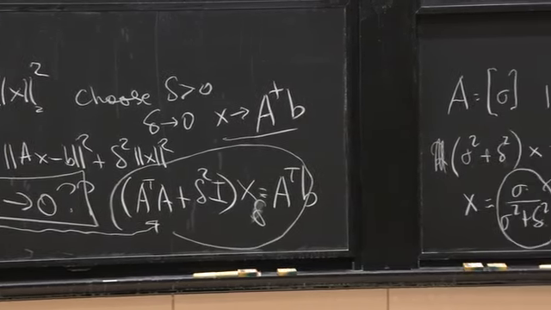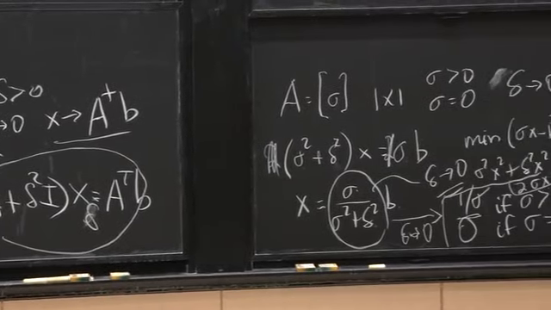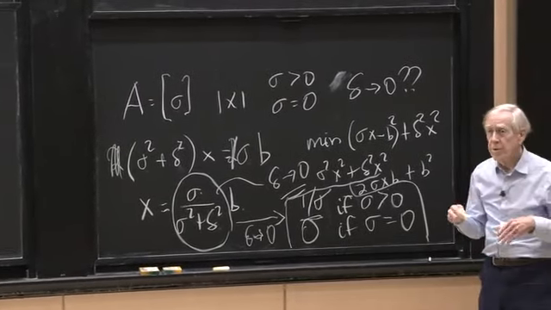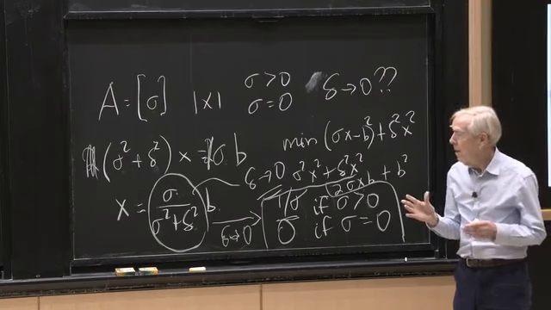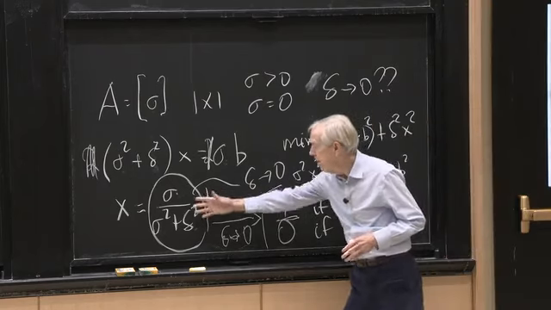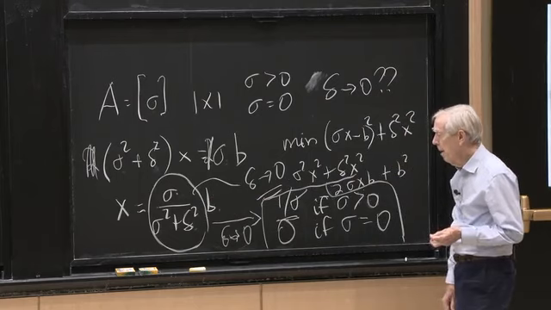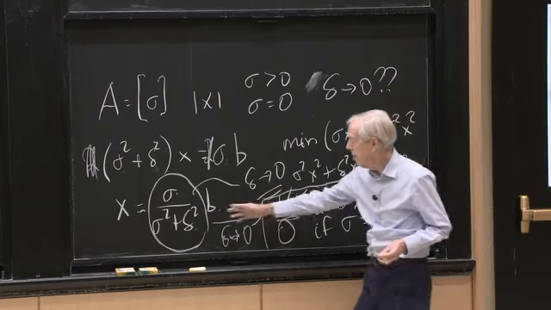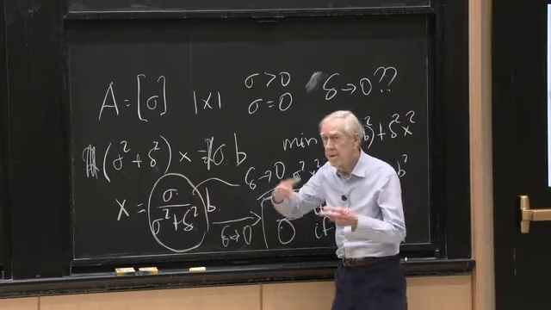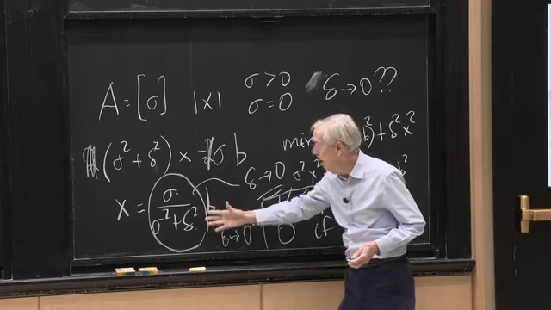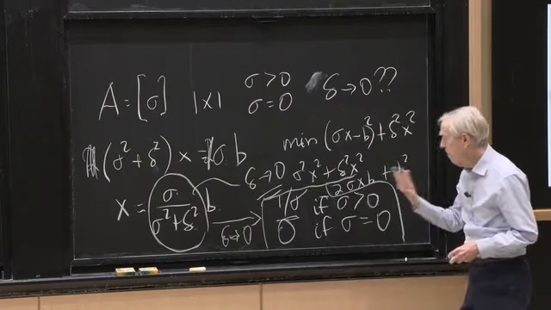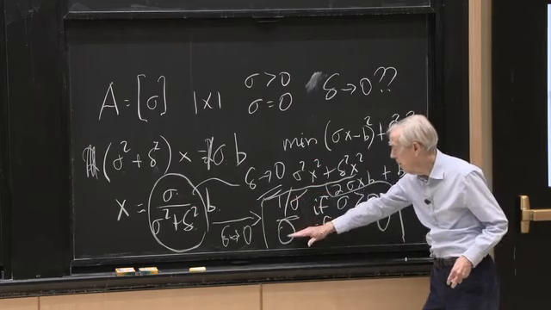That's the key fact. When delta is really, really small, this behaves in a pretty crazy way. Sigma is bigger, or it's 0. If it's bigger, you go this way. If it's 0, you go that way.